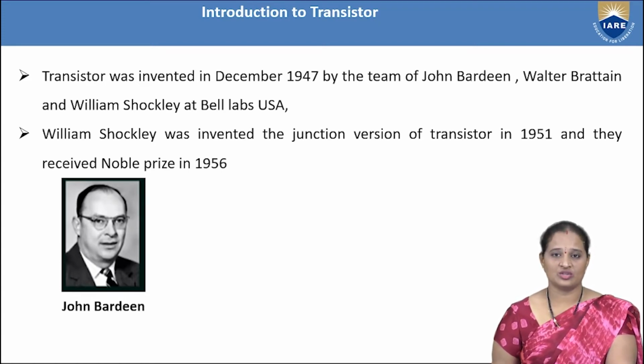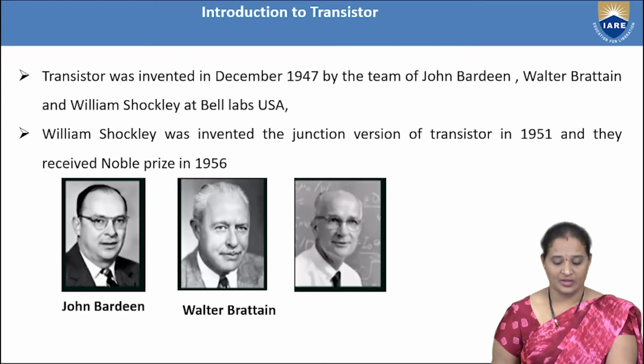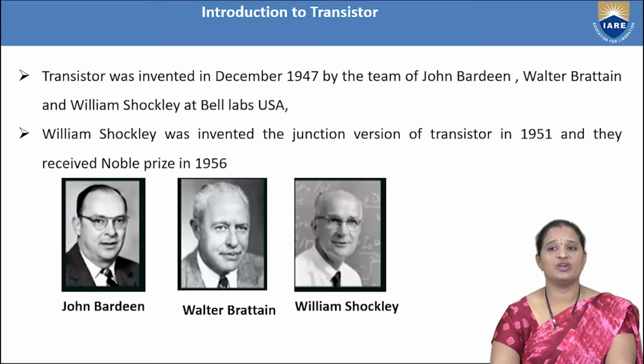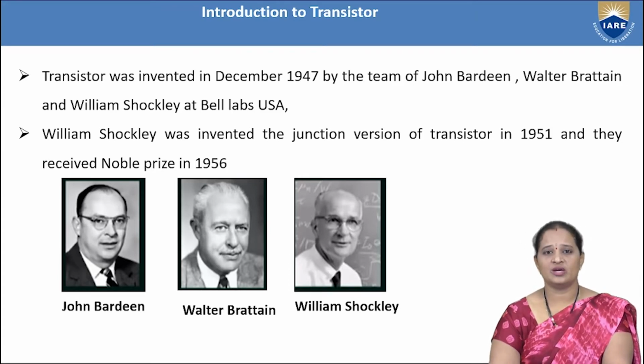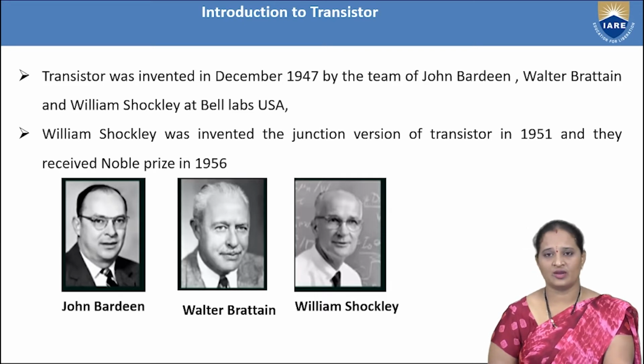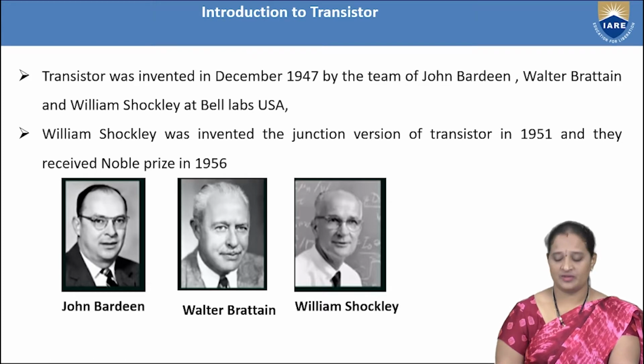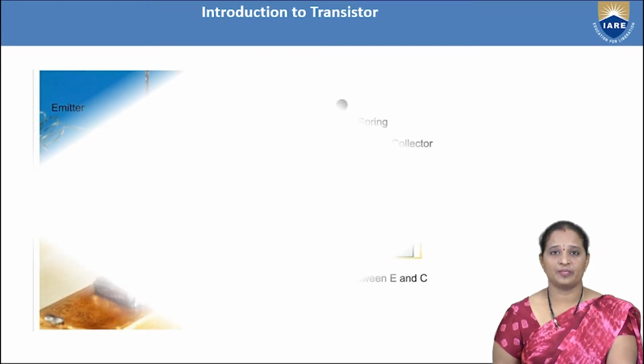He is Mr. John Bardeen, this is Mr. Walter Brattain, and this is Mr. William Shockley. These are the 3 members who worked very hard and invented the transistor, and they received a Nobel Prize for their work.